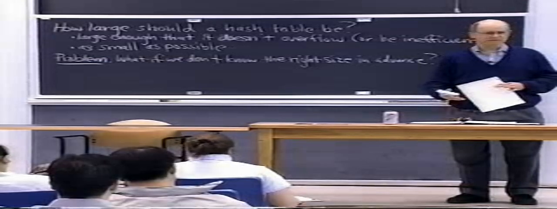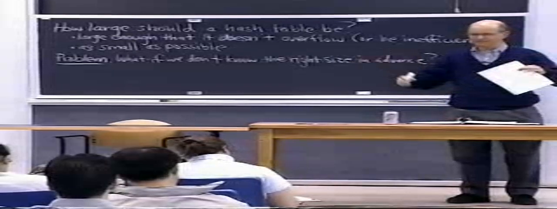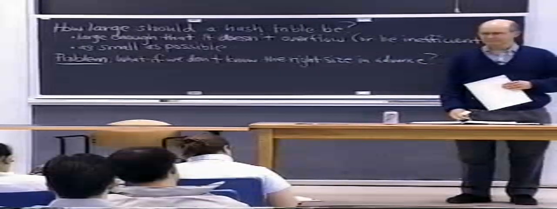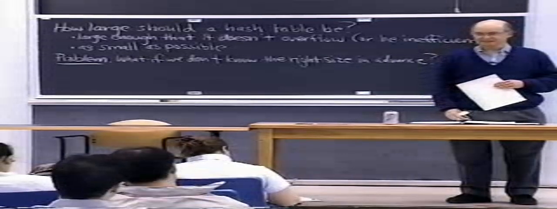If I have n items that I'm going to store in a hash table, resolving by chaining, and let's say I have 10,000 slots, what's the asymptotic performance? Yeah.